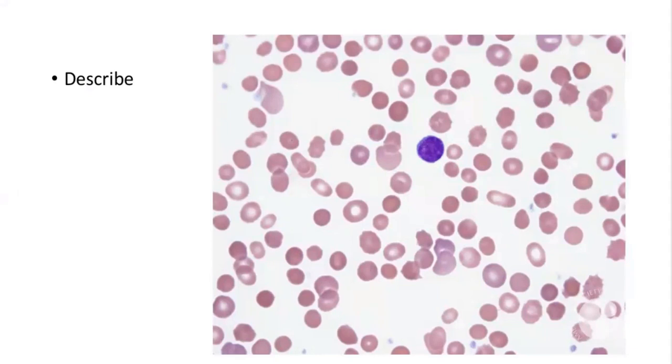Small lymphocyte is the size of a red cell. So, are these normal looking cells or different? They're like bubbles. Small, right?